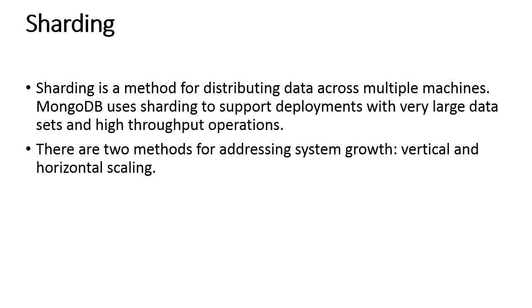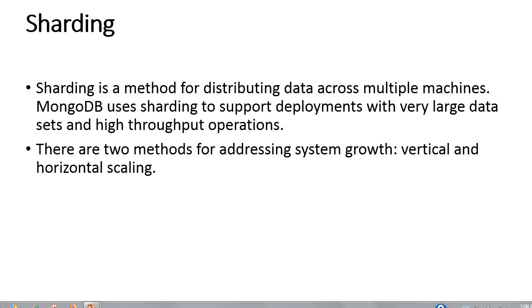There are two methods for addressing system growth for big data: vertical and horizontal scaling. You are all aware of vertical and horizontal scaling, as I introduced these two terms in the very first lecture. I'm revising them.